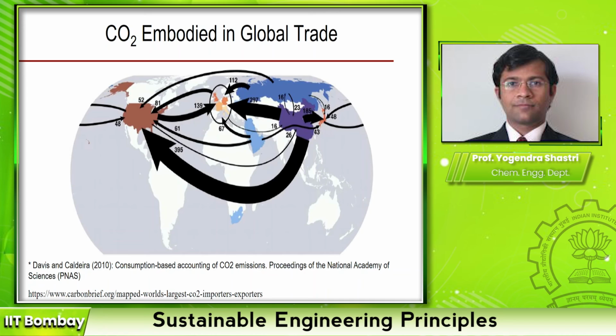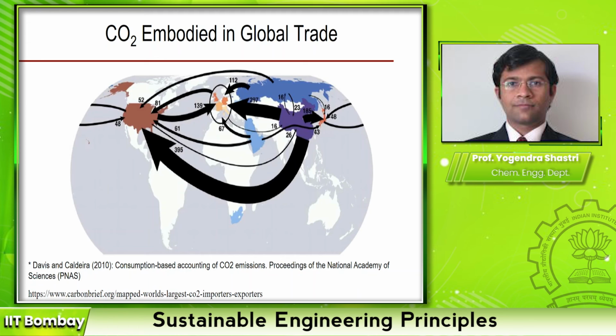So you can actually make an argument saying that the emissions should be actually attributed to these countries, European Union and US, because if the products were not in demand in those countries, those products wouldn't be manufactured in China, and therefore the direct emissions in China will not be so high.